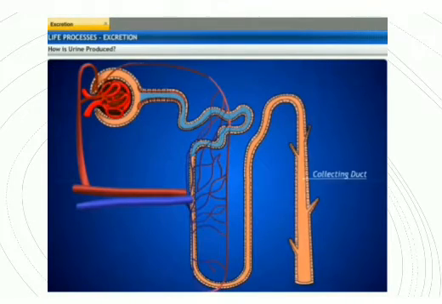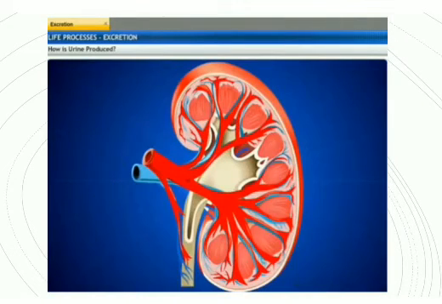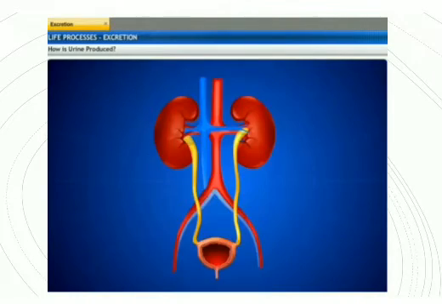Next, the urine is poured into the collecting duct. Then the urine flows from the medulla into the pelvis of each kidney. Finally, through the ureter, urine is drained into the bladder.